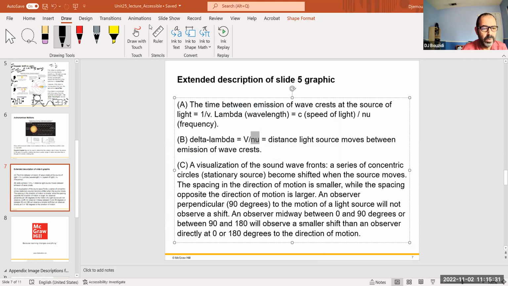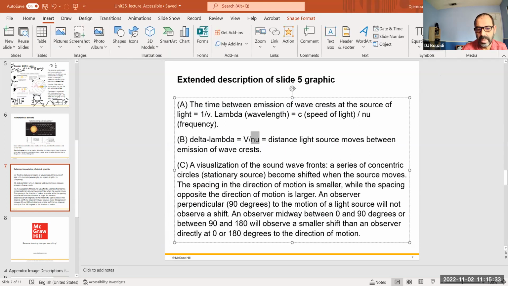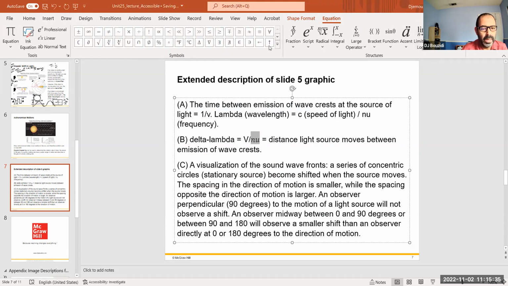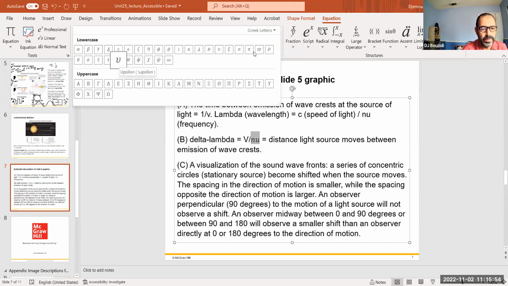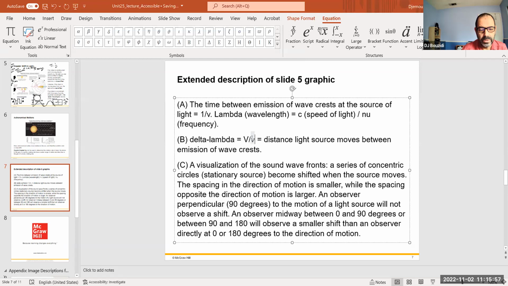I want to just write the equation. Where is it? Insert? I'm sorry, here it is. That's what I'm supposed to do. And so that you guys know what the Greek letters look like, it's not even in the basic math. That's mu, gamma. What are the Greek letters? And here is nu.